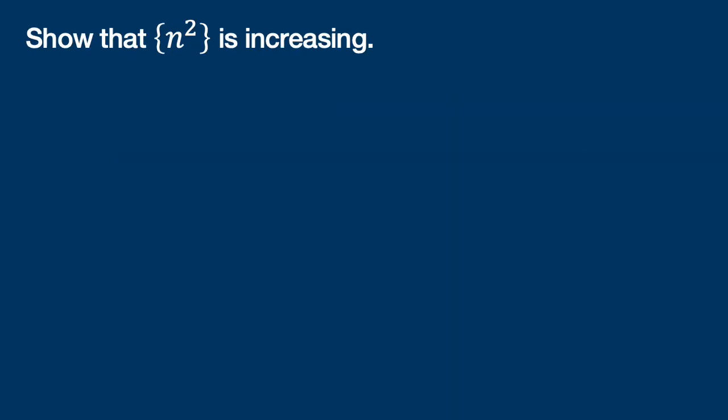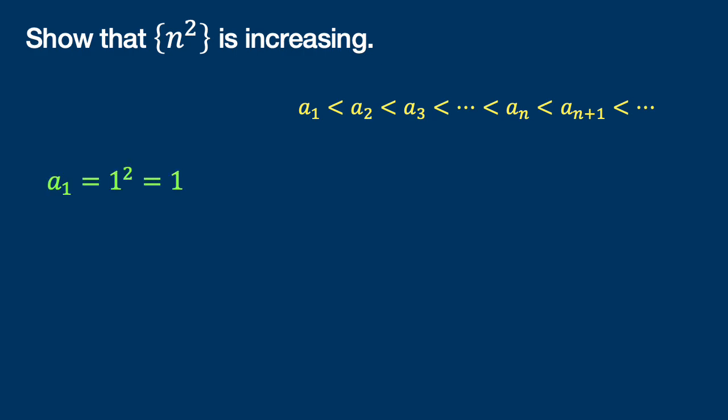Now, let's show n squared is increasing. What is the definition of increasing, guys? Look at this. a1 is less than a2, a2 is less than a3. That's increasing. So let's find a1. a1 is n equals 1: 1 squared is 1. a2, 2 squared is 4.